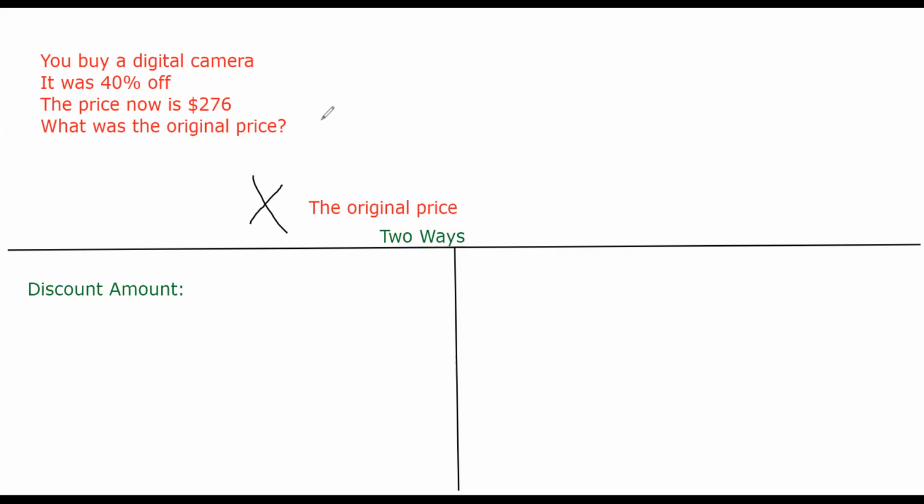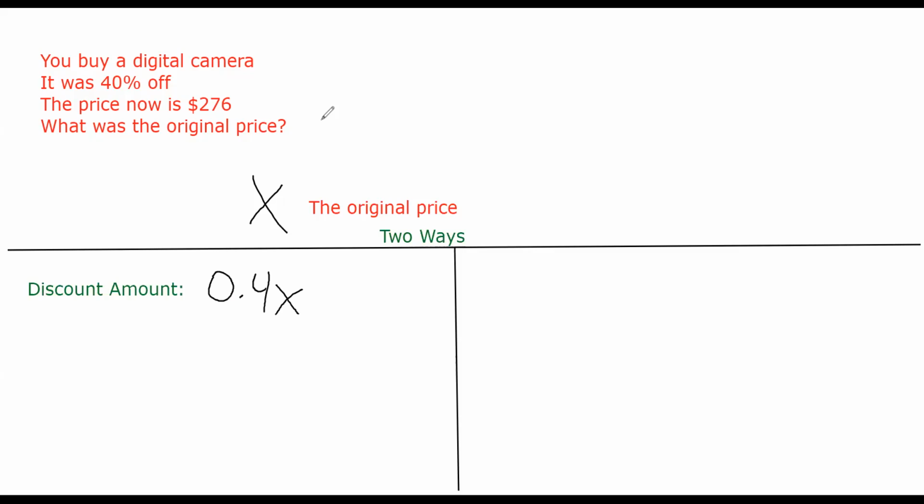If we took 40% off, then the amount we took off is 0.4, because remember, we convert 40% into a decimal whenever it's time to do your adding, subtracting, multiplying, dividing, times the original price of the camera. That's 0.4 times x. That's our discount amount.